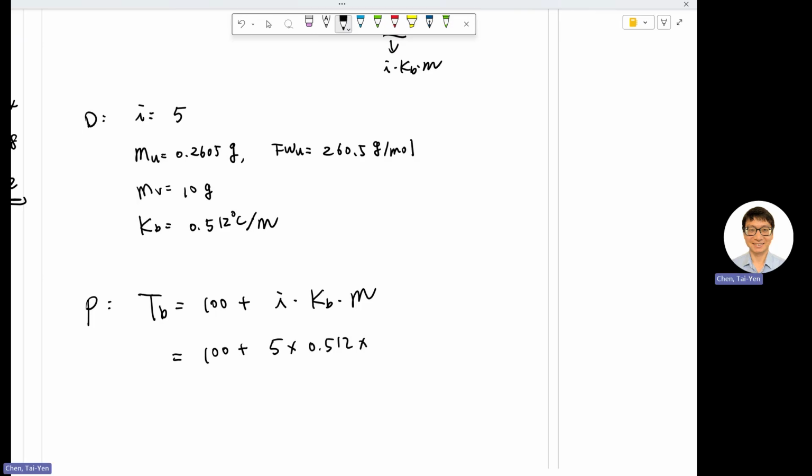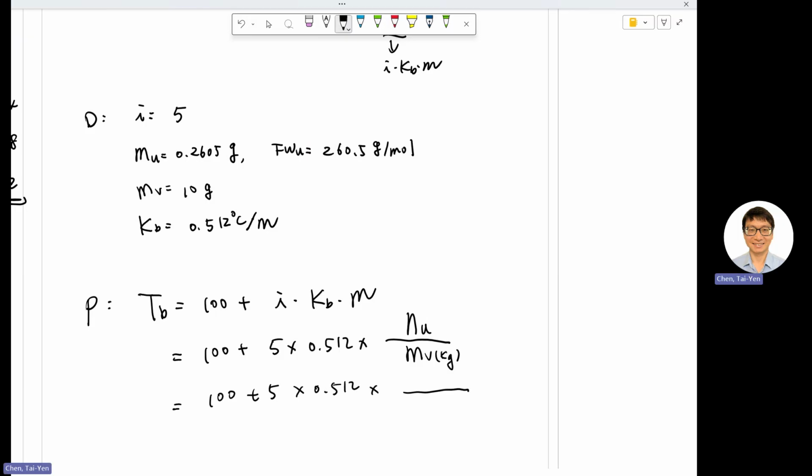Do you have molality here? You don't, right? Therefore, you have to write out the definition of molality, which is the moles of your solute divided by the mass of your solvent in kilograms. So this will be 100 plus 5 times 0.512.